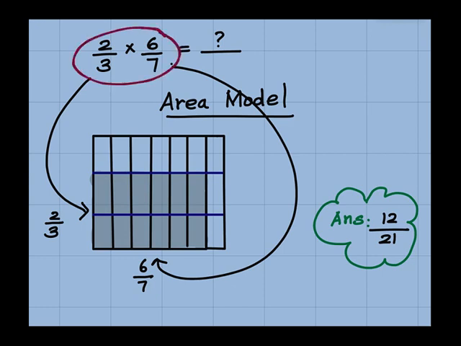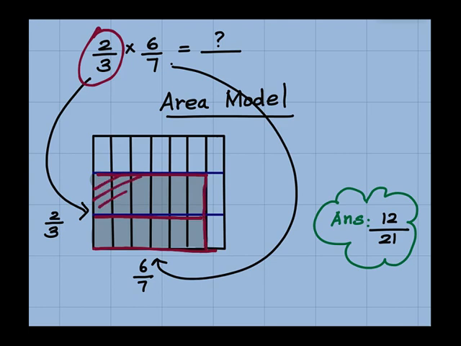So in this problem, we are only working on 2/3, right? So 2/3, so this is 2/3, 1/3, 2/3. And only 6 columns should be shaded, not the 7th one. So only this part has to be shaded.